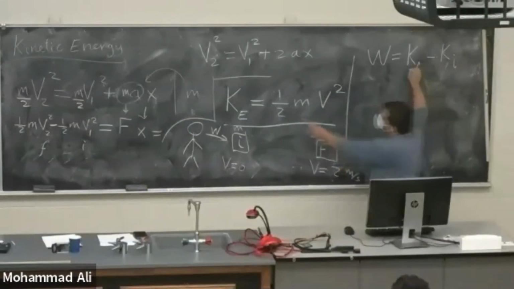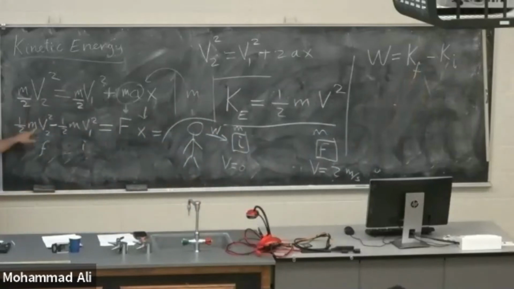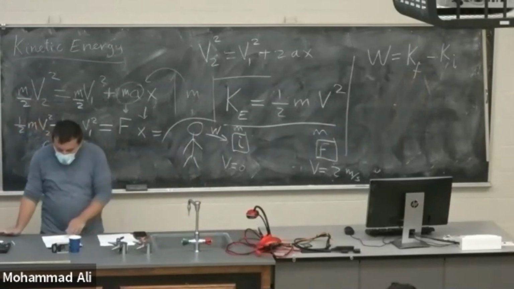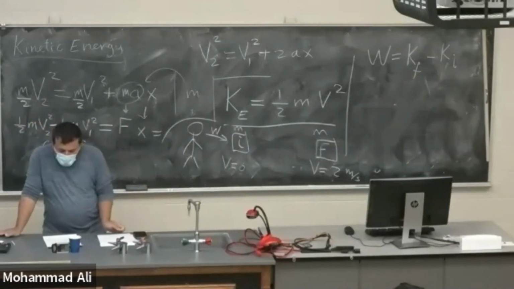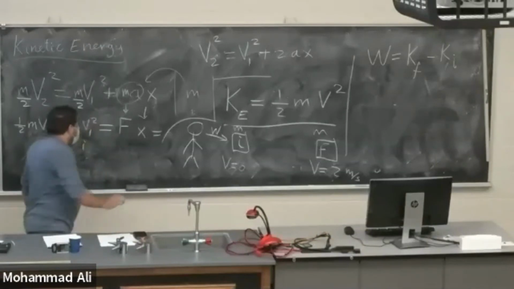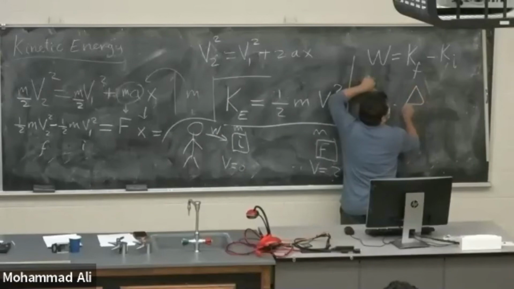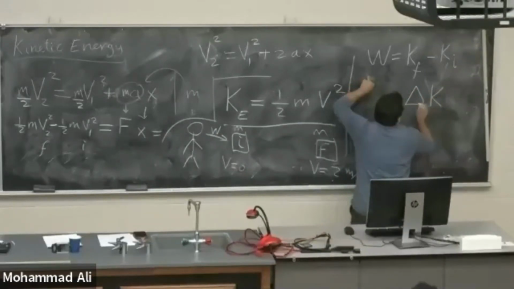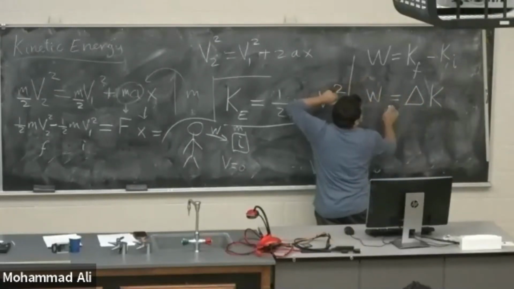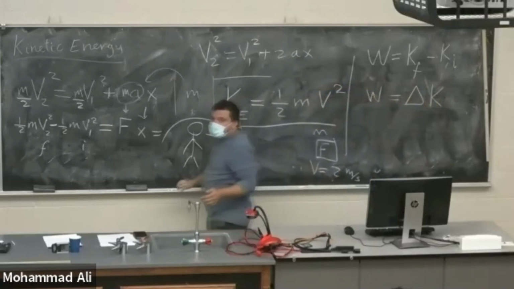And the kinetic energy is half mv squared, which is this relation: 1/2 m v final squared minus 1/2 m v1 squared. We know anything final minus anything initial, we can name it delta. Delta kinetic energy is equal to the work. And we have the relation is positive. Final minus initial. The work is equal to the change in kinetic energy.